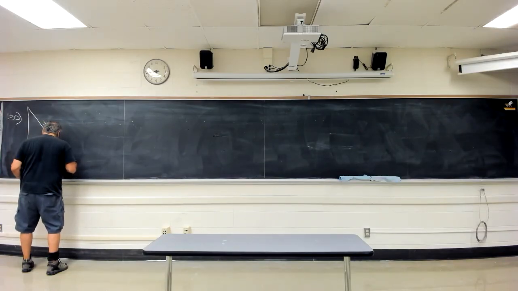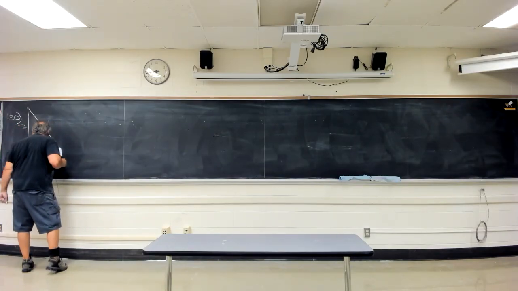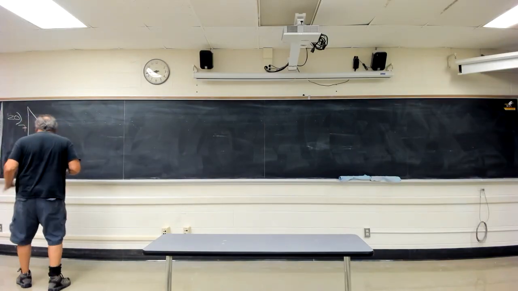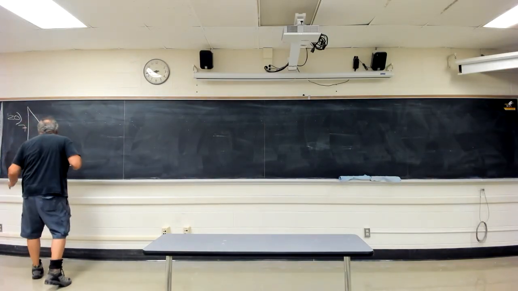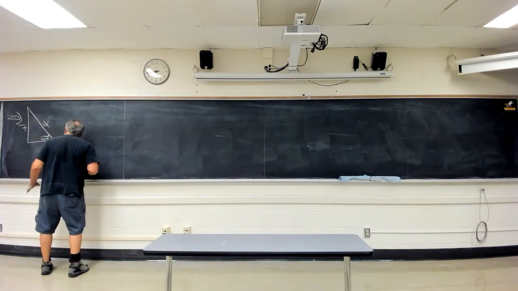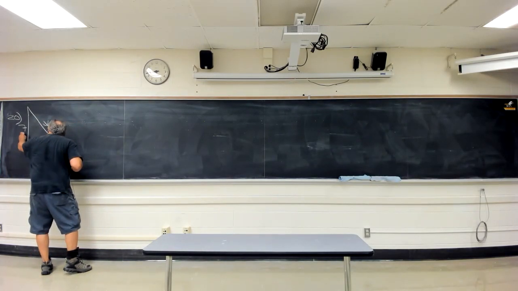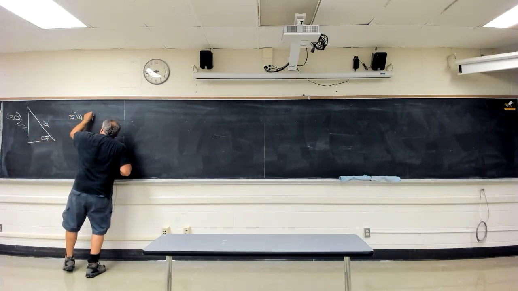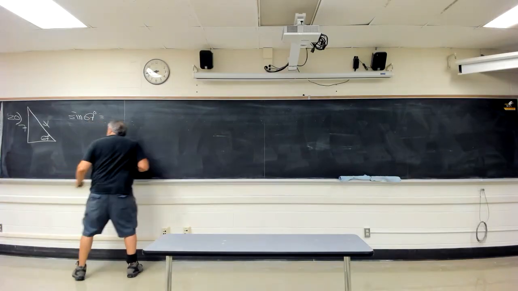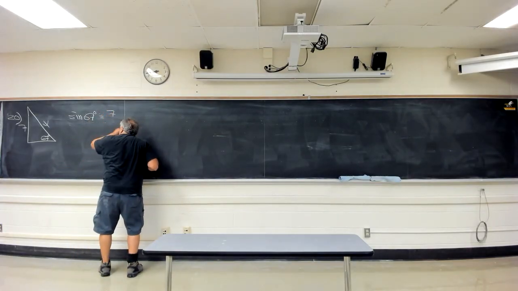This is x. This is 7. There's a number of ways that we could do this, but here's a good way. What is opposite over hypotenuse? It is the sine. The sine of 67 degrees is going to be opposite over hypotenuse.